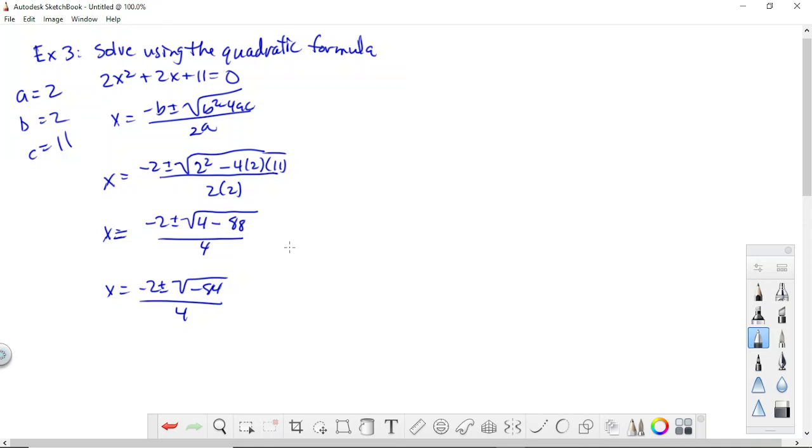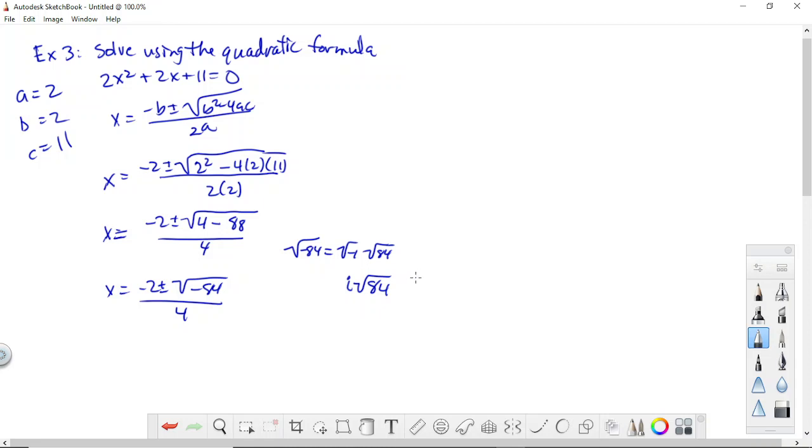So what we're going to do is we're going to realize that the square root of negative 84 equals the square root of negative 1 times the square root of 84, sorry. Okay, so there's going to be an I there, right? It's going to be I times the square root of 84.